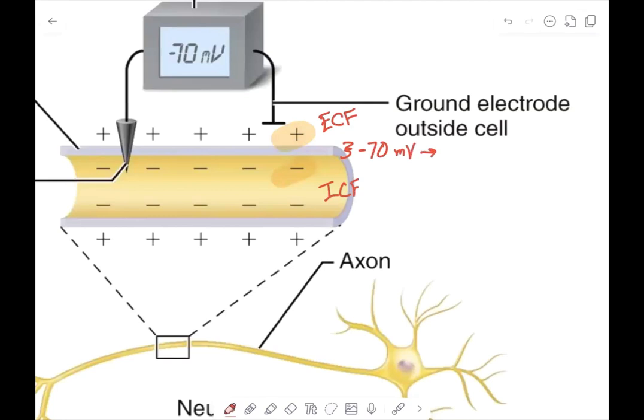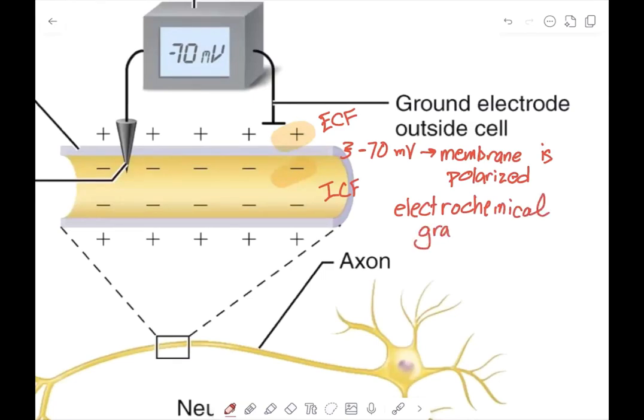And that means that the membrane is polarized. So there's a difference between the inside and the outside due to charges as well as chemicals. So it leads to an electrochemical gradient.